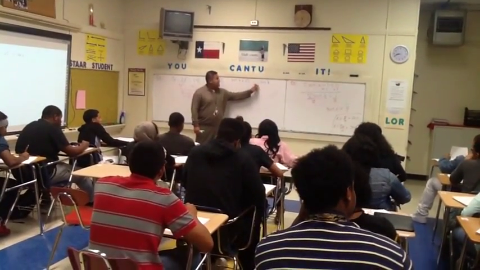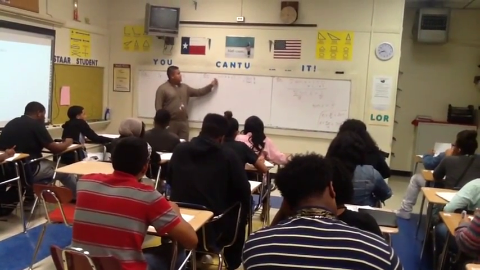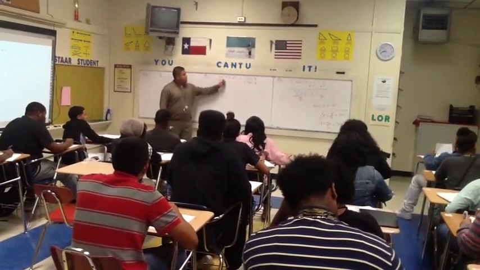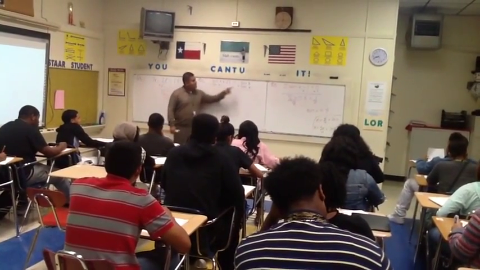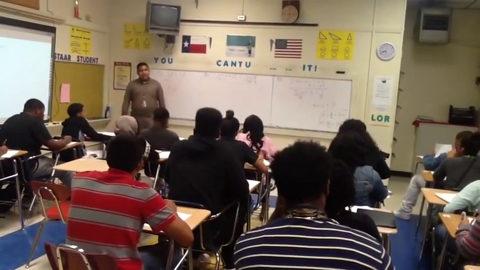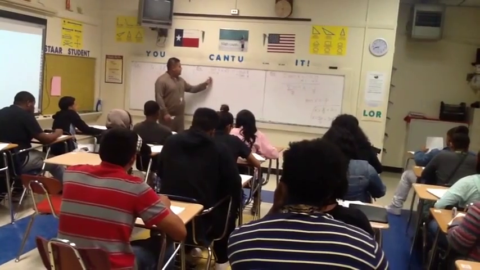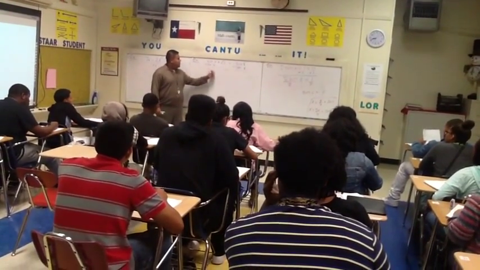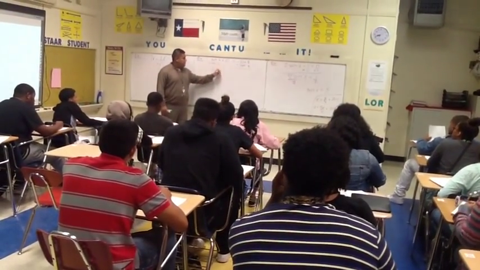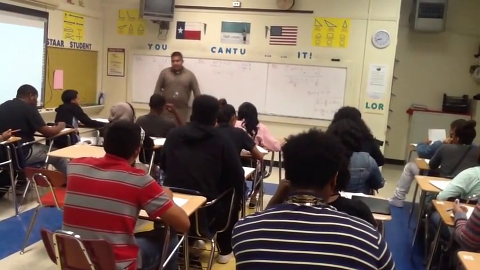So I'm going to add sine of x to both sides. Alright, what happens on this side right here? Cancel out, good. What happens here? Collect like terms. 2 sine. It only becomes sine squared when you're doing what, y'all? Multiplying. Very good.